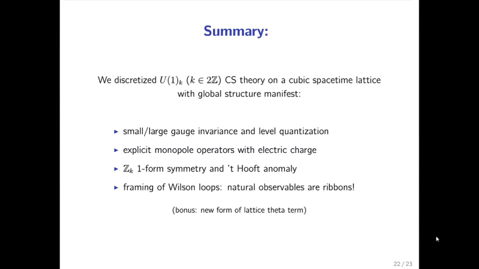We have explicit monopole operators which carry electric charge. We have a one-form symmetry, and it has a 't Hooft anomaly. Wilson loops are framed. The natural observables, the only observables in this lattice theory, are these ribbon operators. They're exactly topological up to the 't Hooft anomaly. And as a bonus, we get this new form of lattice theta term, which provides anomaly inflow.